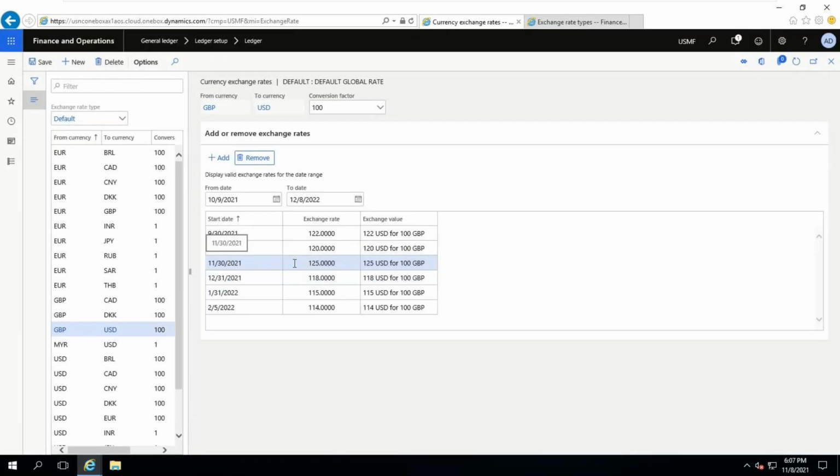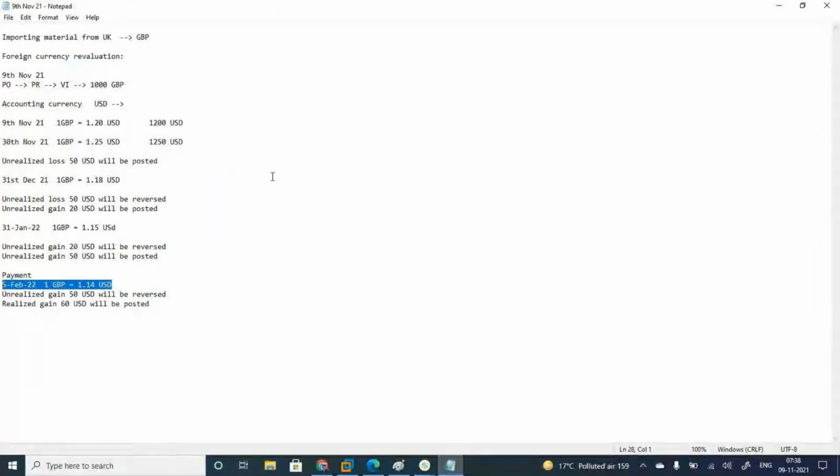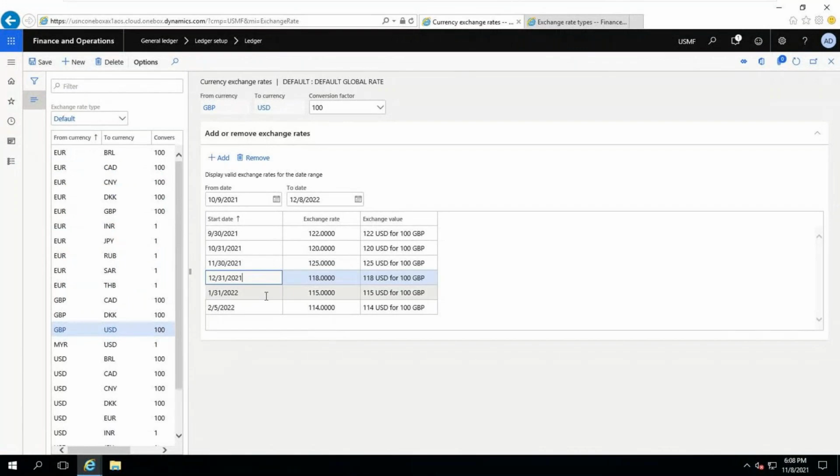Okay, November 30th it is $125. Then 31st December it is 118, which we have mapped. It is 1 GBP equal to $118. That means 100 GBP means 118 US dollars. Next one is 115. Next 114. So we have configured these exchange rates.